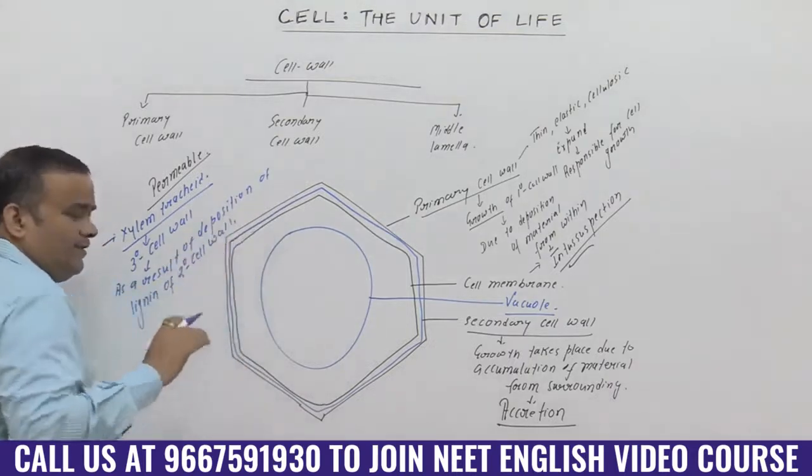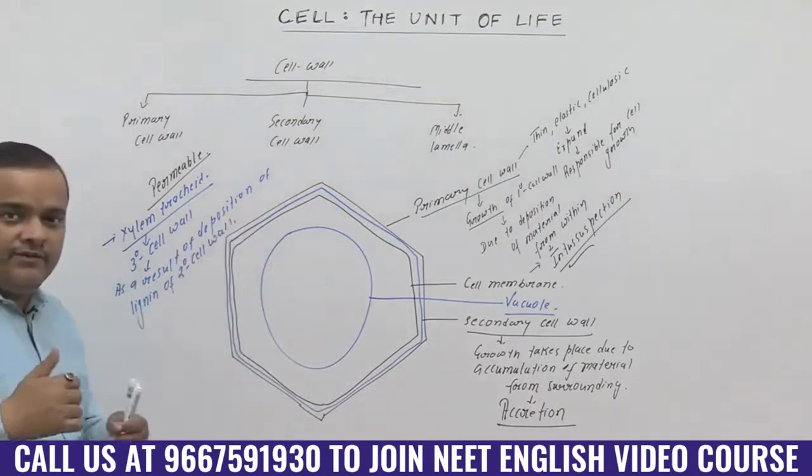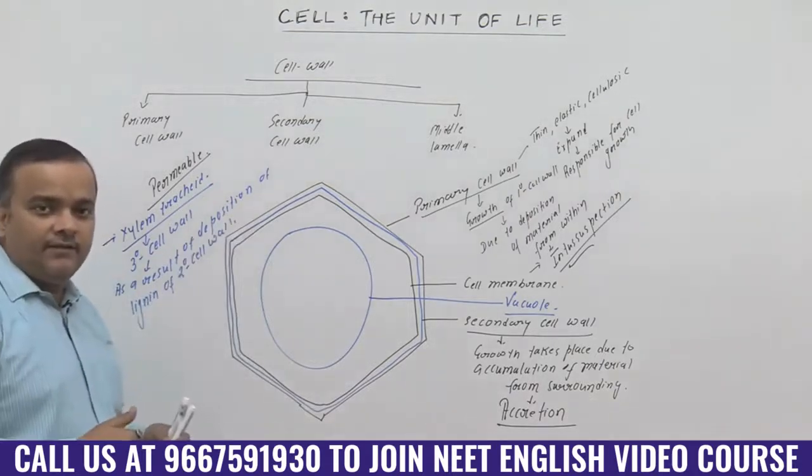Generally tertiary cell wall is not a common feature, but in some cases you will observe tertiary cell wall due to deposition of lignin on secondary cell wall.